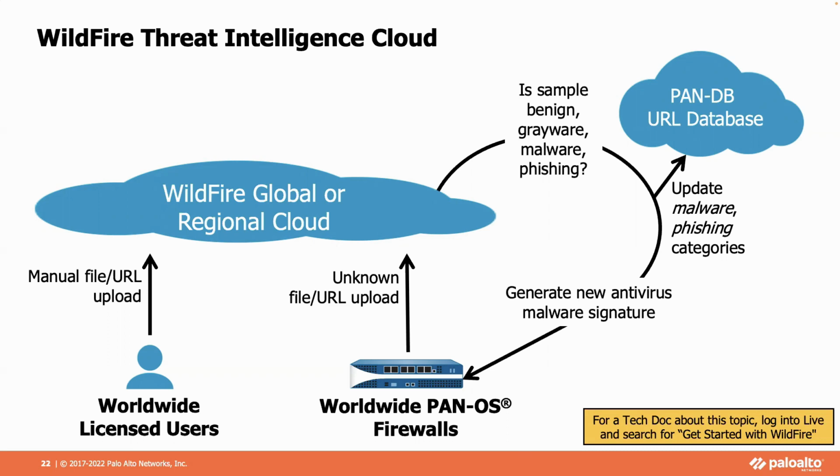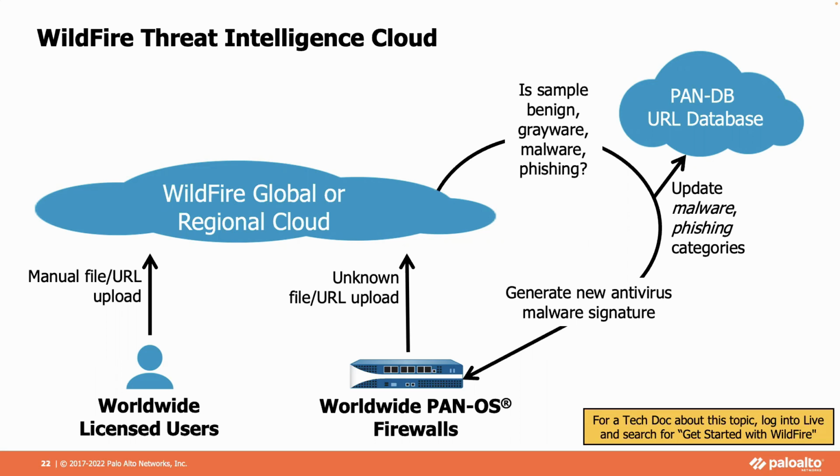We will analyze that file or that URL, that specimen, and assign it one of several different categories. Now, if it's malware, we're going to write a signature that you can download with a real-time stream and be protected from it.